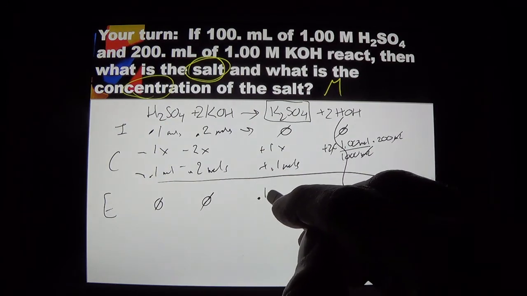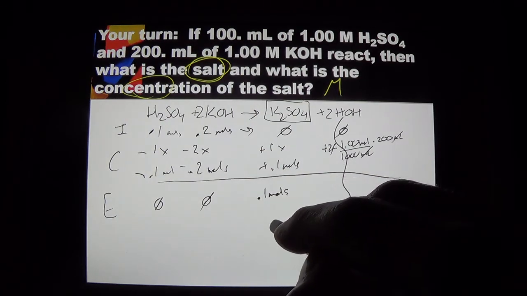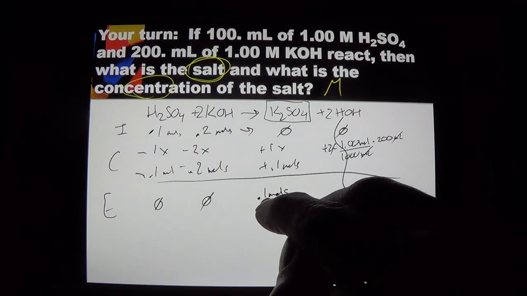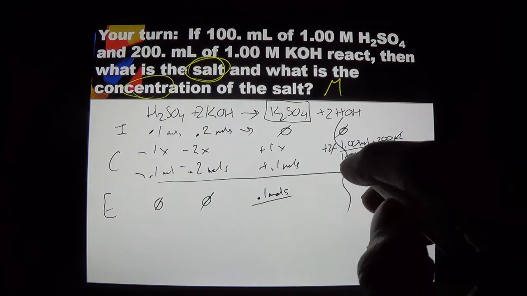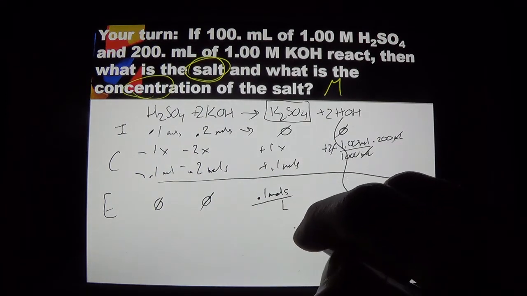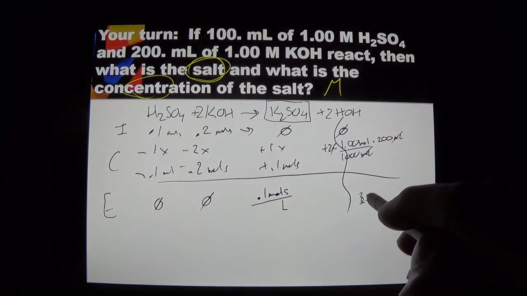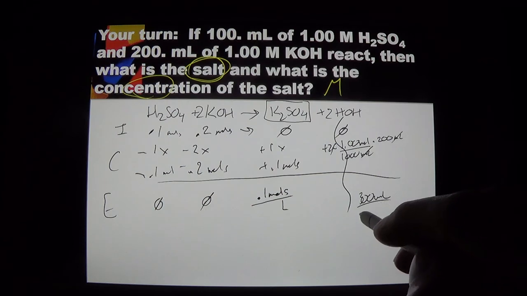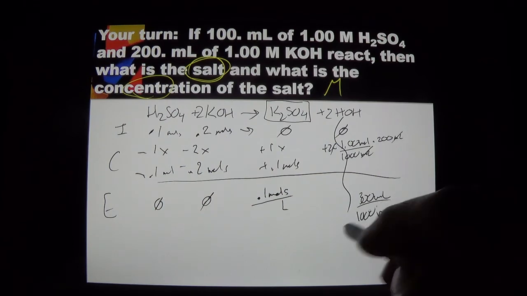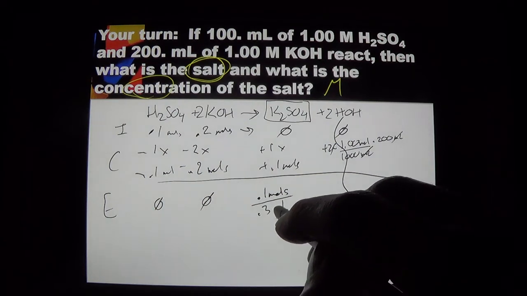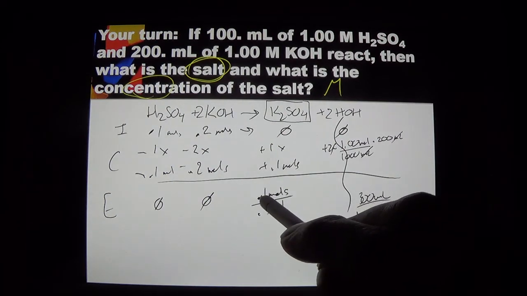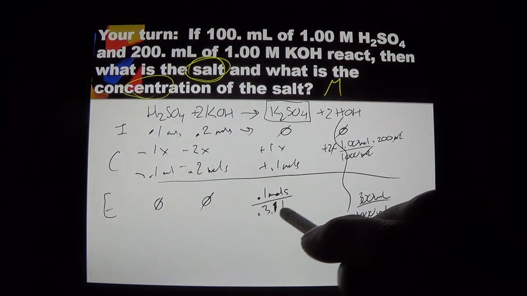So I have 0.1 moles of potassium sulfate, my salt, in, I need moles per liter. Well, I've added 100 plus 200, that's 300 milliliters I've added in 1,000 milliliters. So that's 0.3 liters. 0.1 moles in 0.3 liters.